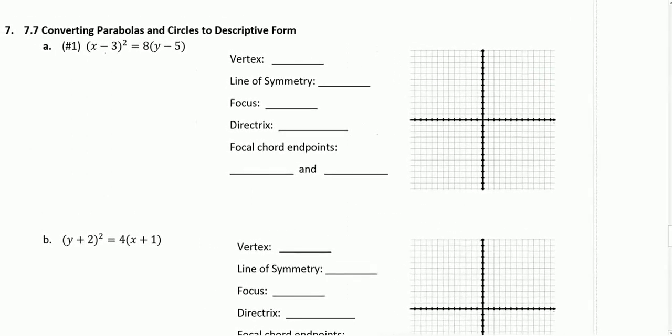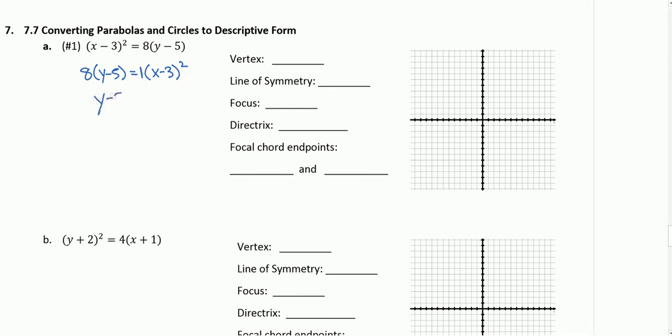So it's the x minus 3 that's being squared. We want that on the right side of the equation. Whatever's being squared should be on the right side. So I'm going to flip this around. 8 times y minus 5 is equal to, in parentheses, x minus 3 squared. Remember, there's an invisible 1 in front of that parentheses, so when you divide by 8, don't distribute the 8.